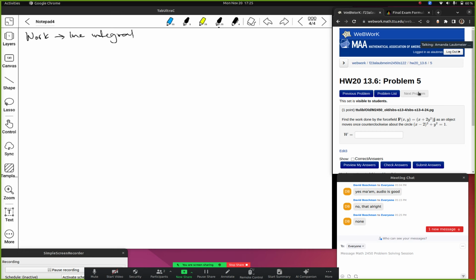So to start this one, you need to remember from when we first learned line integrals that when you're asked to do work, that's them asking you to set up a line integral problem. So we're trying to evaluate F dot dr for F given by this around the curve C that is a special circle.